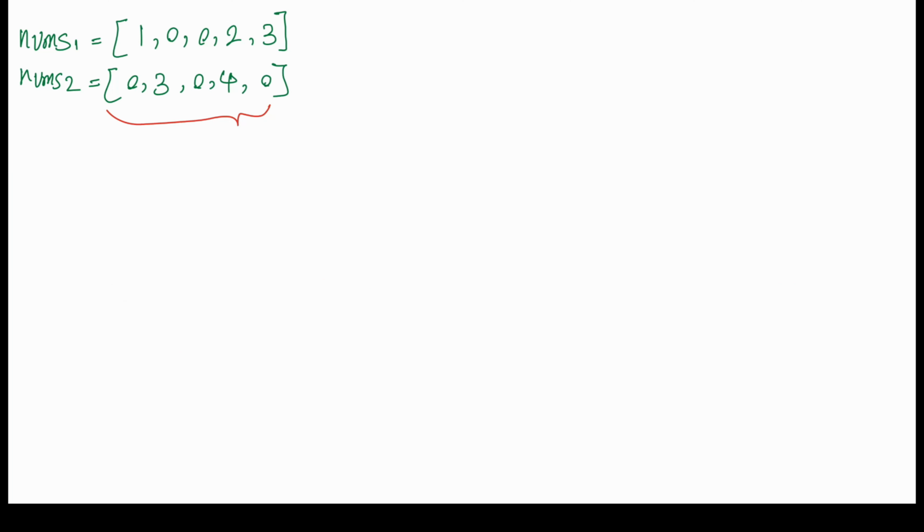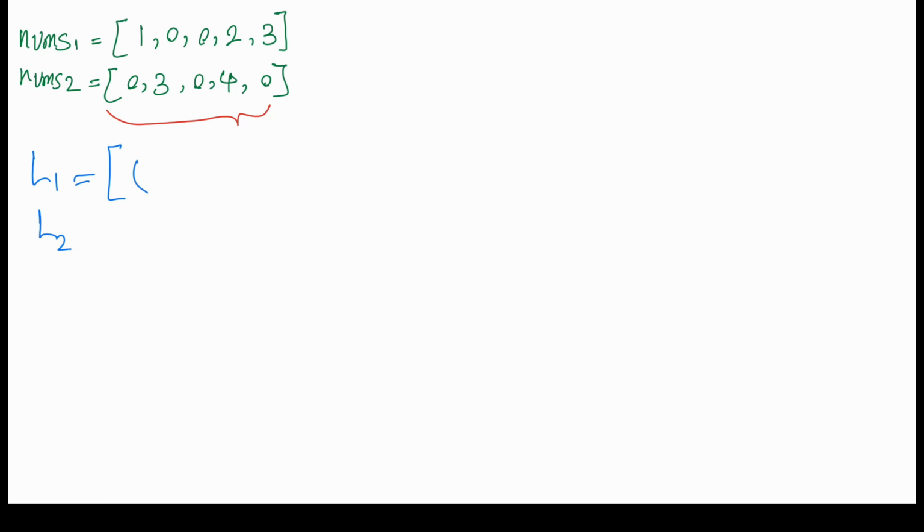Okay, so before I go to the coding section, it's better to explain how we should write the code for this part. As I said before, we can save these non-zero elements into lists, L1 and L2.